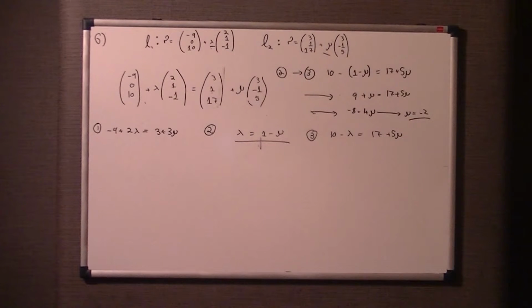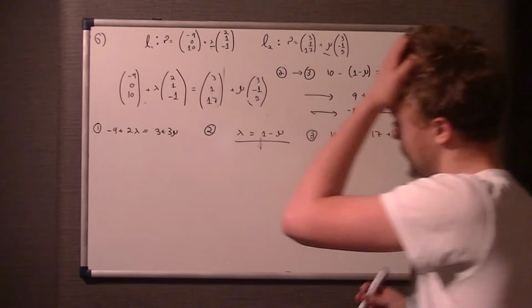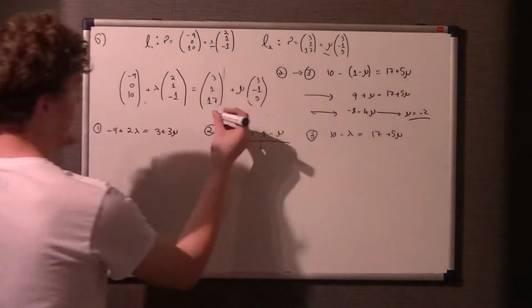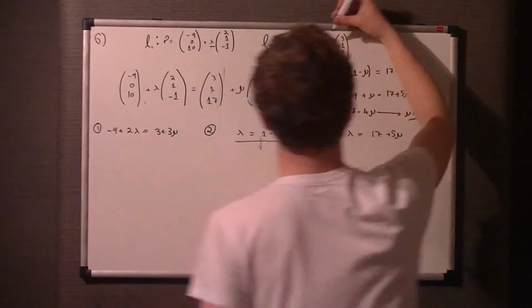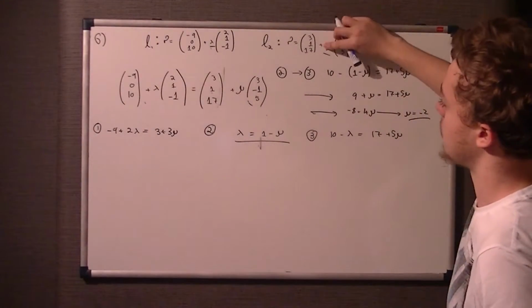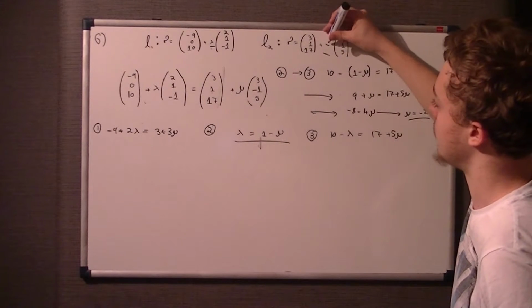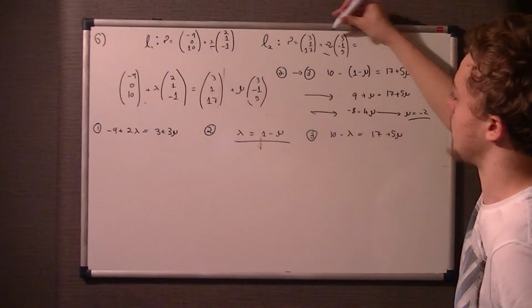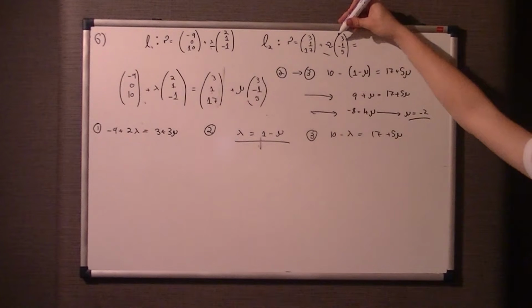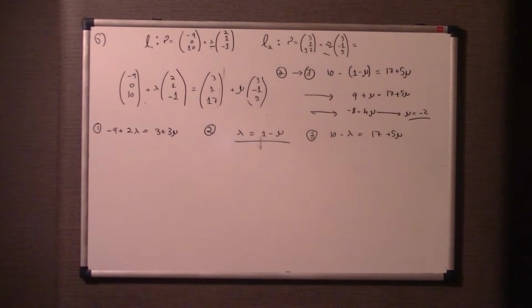Okay, so you could work out the position vector on the line L2 with the value of mu as being minus 2. Okay, now you can do that now or wait till you do that afterwards. Personally, I would do it now. Okay, so if we sub in mu to be minus 2 in the line L1, now obviously you've got a new line of working for this. Okay, so what you do is just work it out. So 3 plus minus 2 times minus 2 times 3.